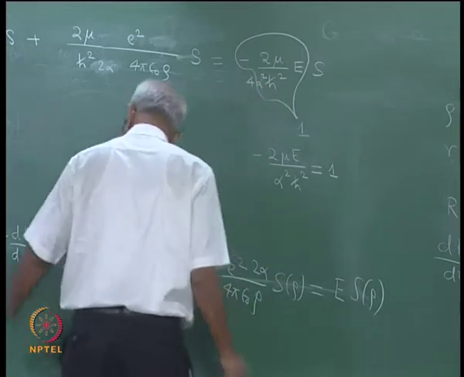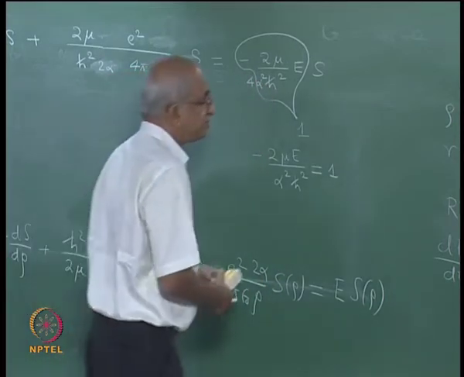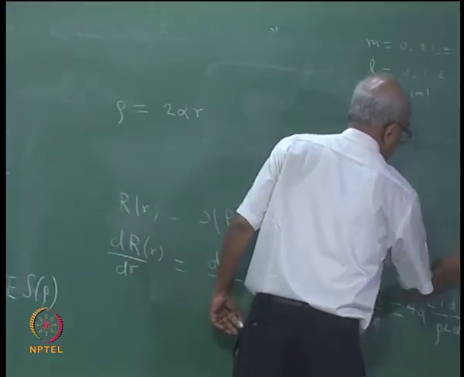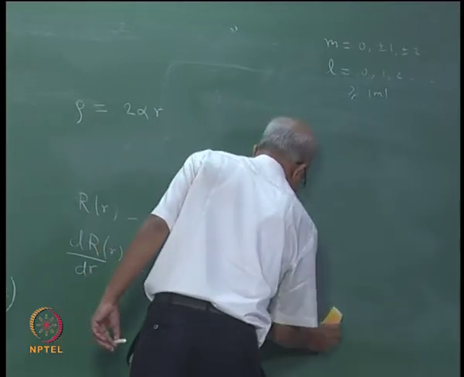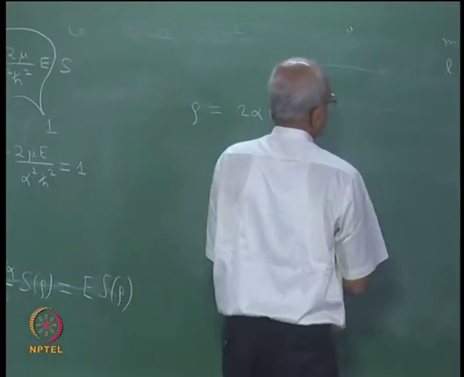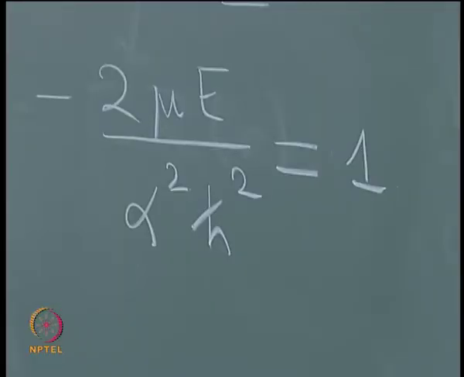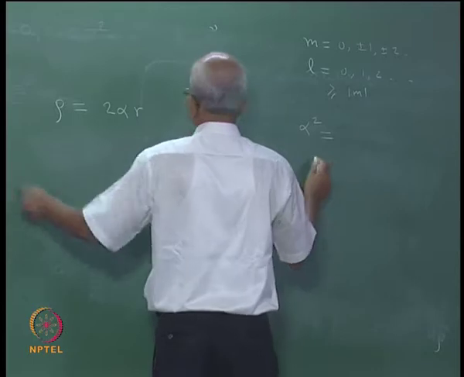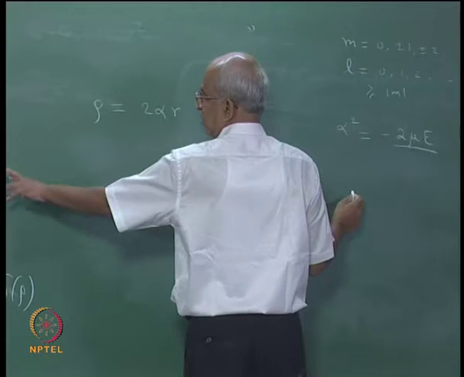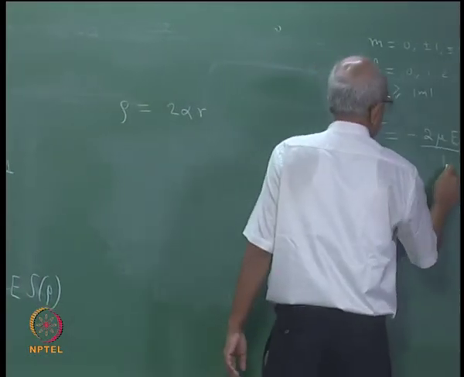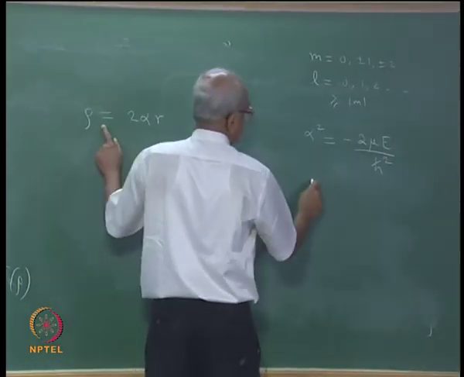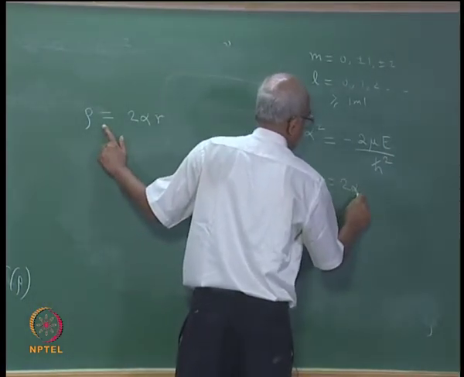What is that something? Alpha square must be equal to minus 2 mu e divided by h cross square, and this rho of course is actually defined to be equal to alpha r.